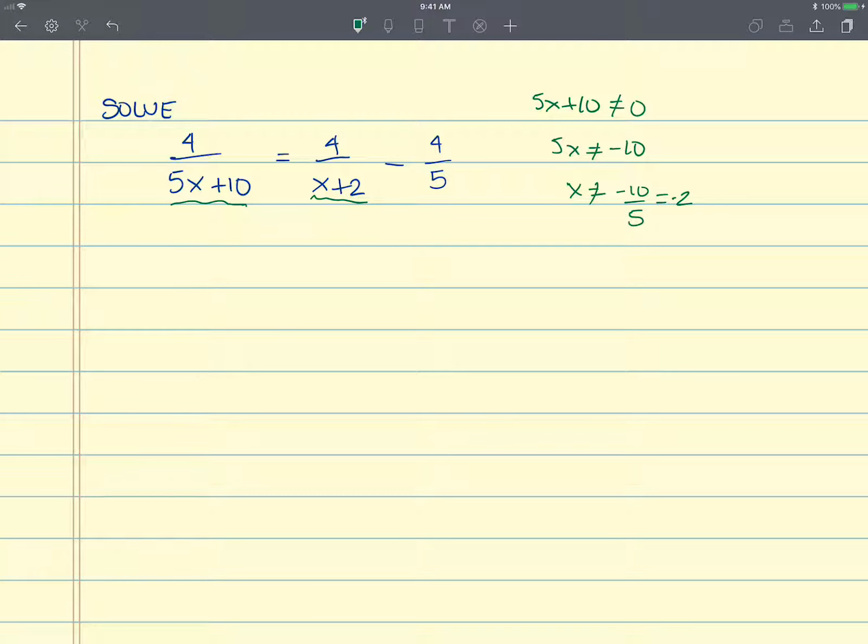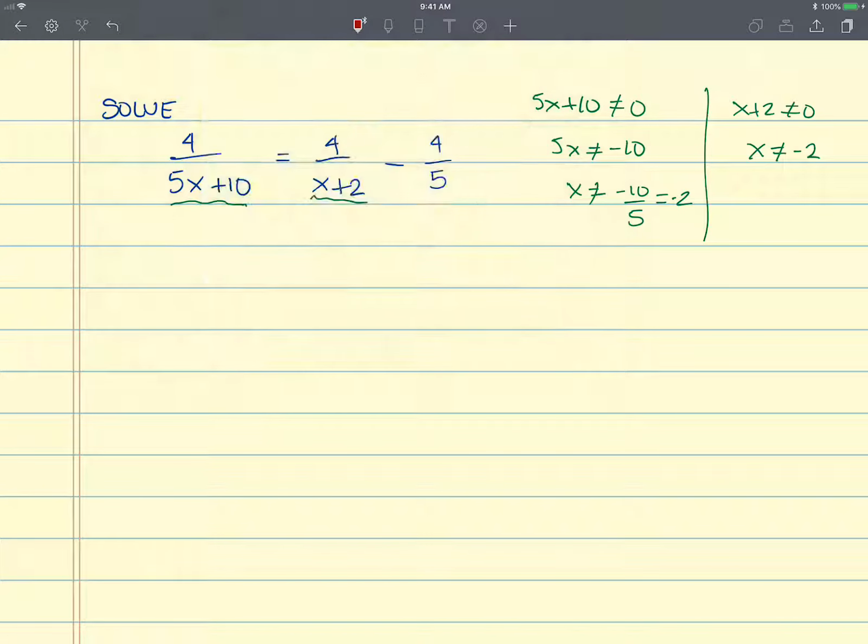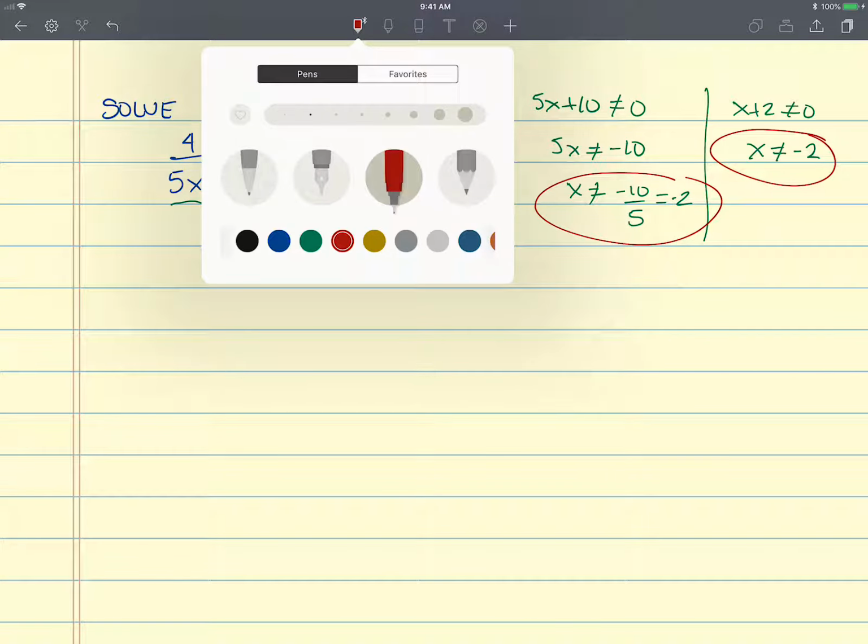The other one also tells me that x plus 2 should not be 0, so again x cannot be negative 2. This is something we have to be careful about at the end. These are forbidden values because these denominators cannot be 0 for this to make sense.